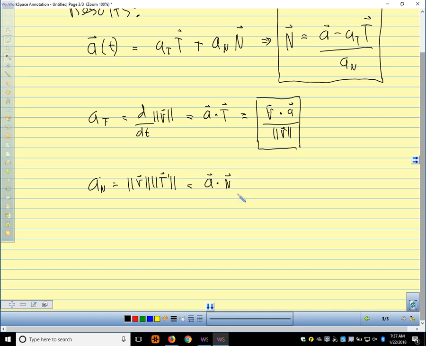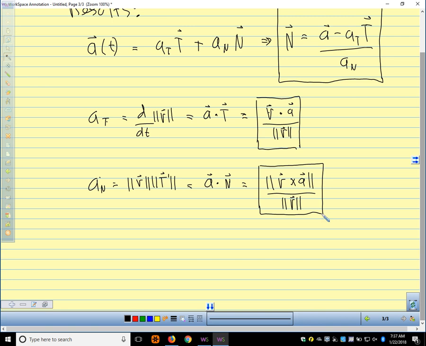Sometimes that will be convenient to calculate if you have an easy way to calculate n, or are given n somehow. And from looking at v cross a, this is the magnitude of v cross a over the magnitude of v. This is usually going to be your preferred method for calculating your normal component of acceleration.